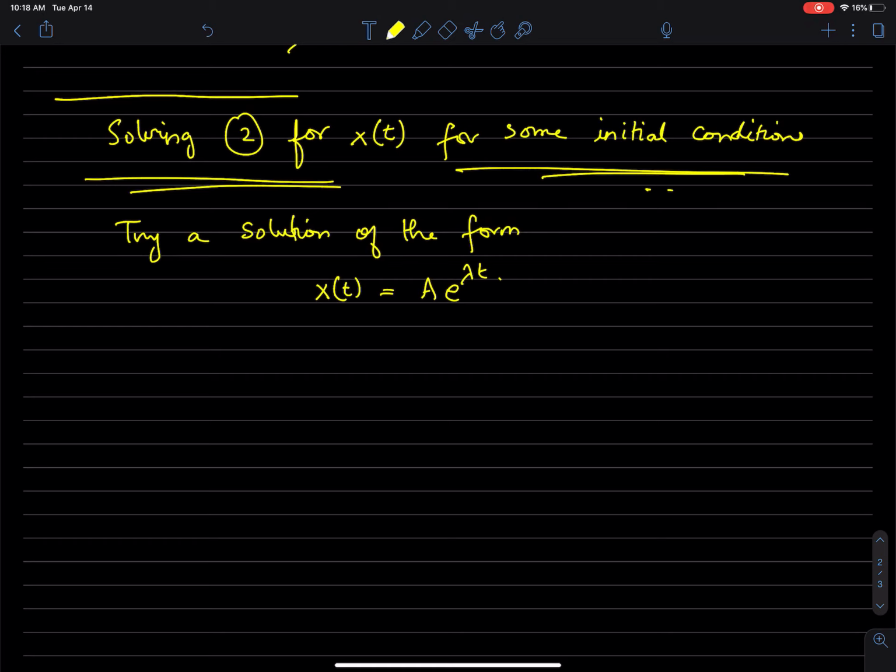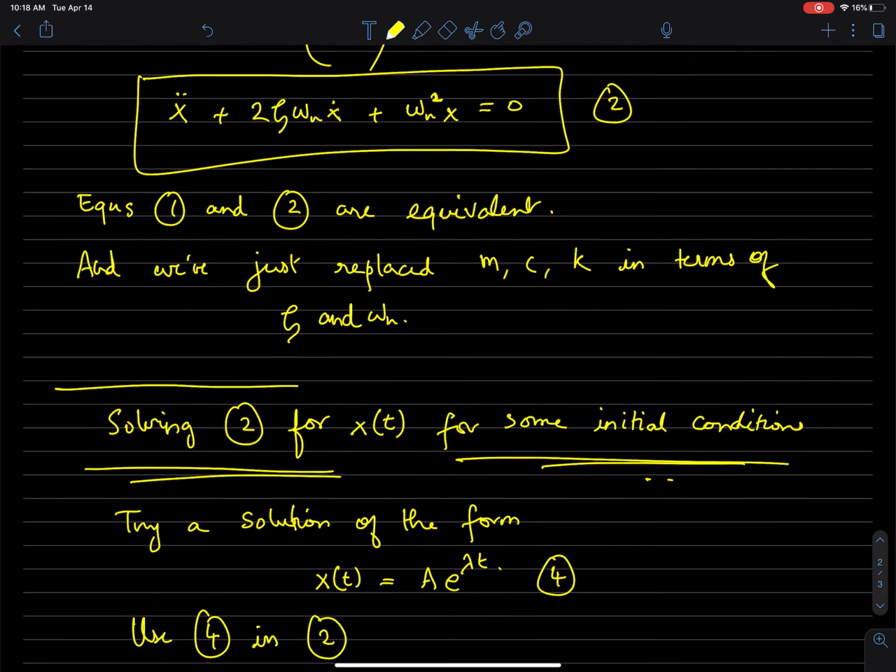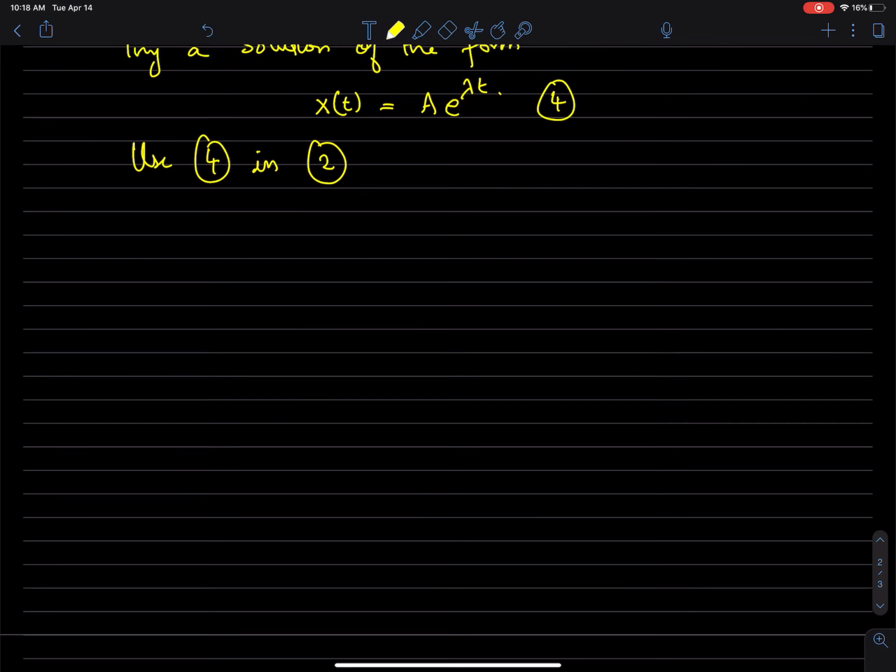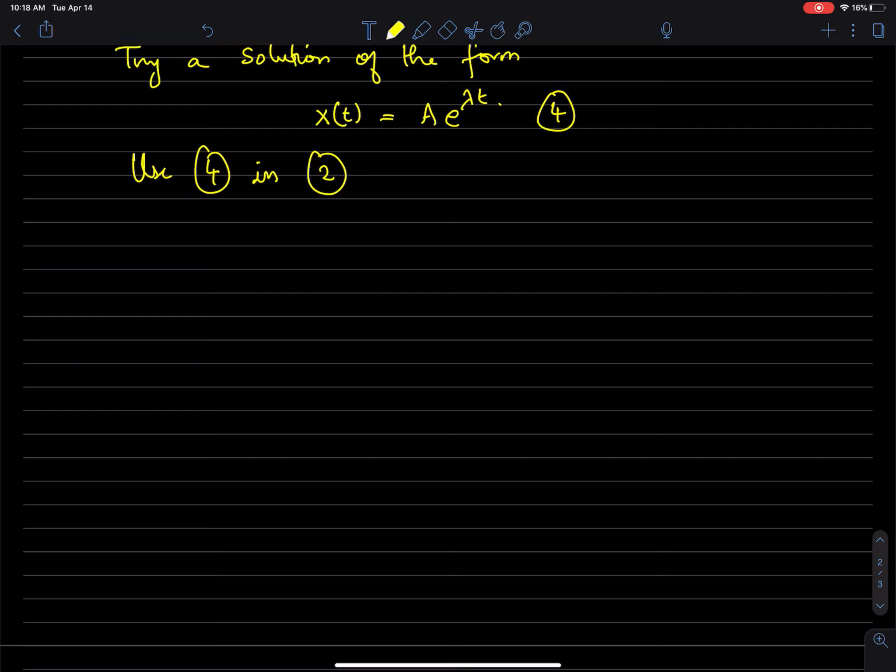Let's call this equation 4. Use 4 in equation 2, and we get, so to plug in 4, we need to find x dot, which is lambda a e power lambda t, and then x double dot equals lambda square a e power lambda t.